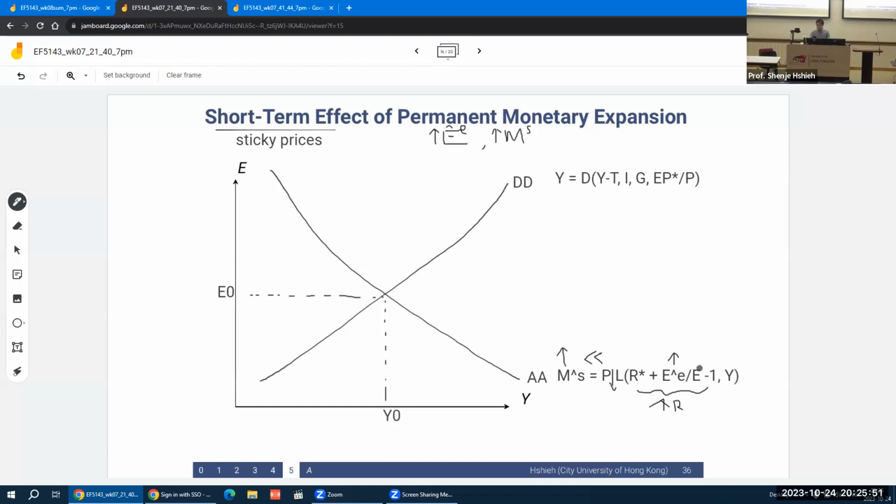So this has to go up so that L can go up. And because MS is also increasing a lot, this jump from this point to, for example, this point should be quite larger than the temporary case, right? So if we're here, we are up to here.